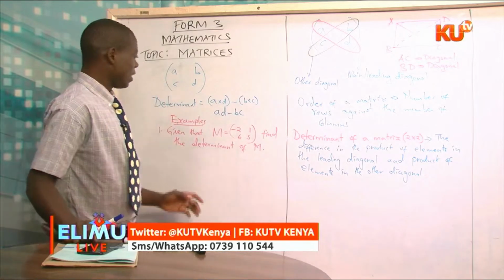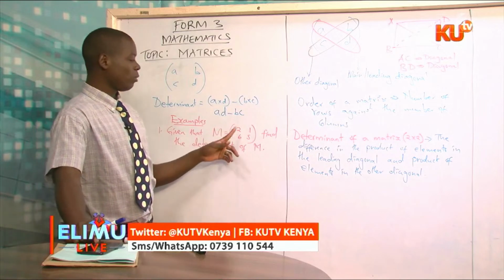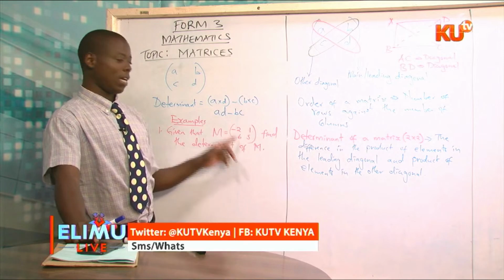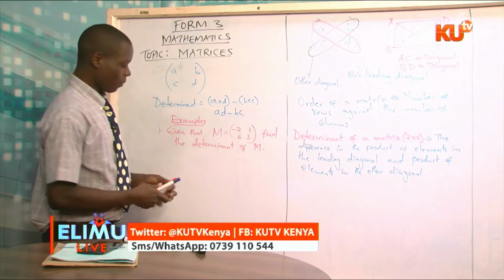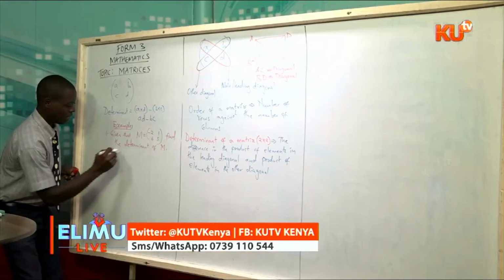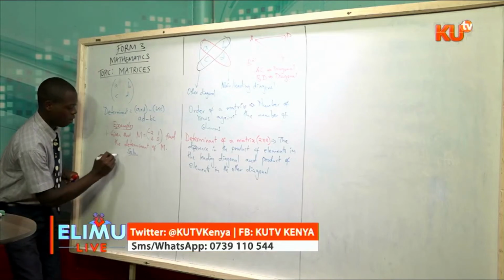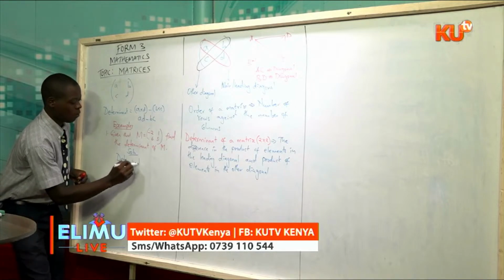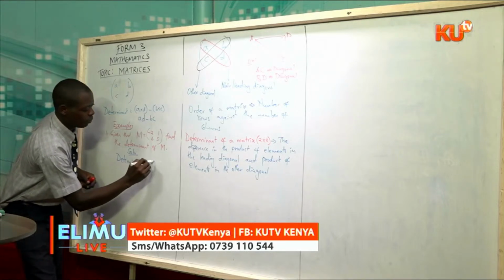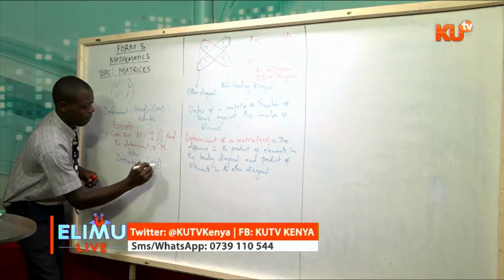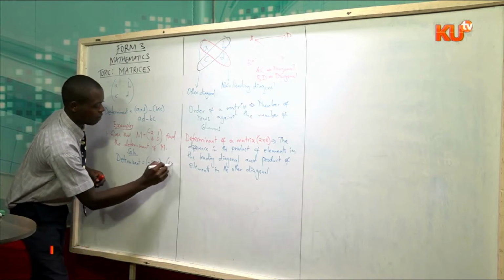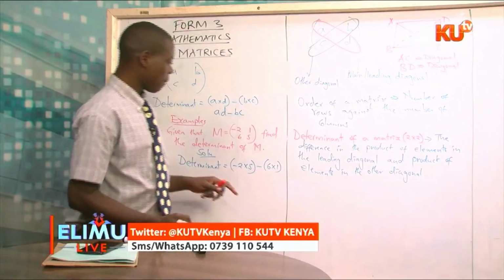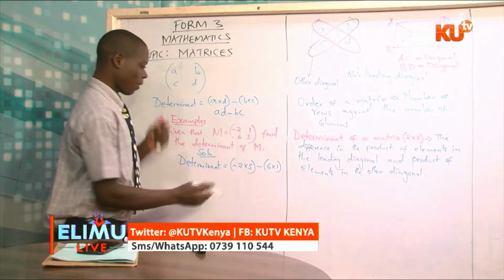The elements in the leading diagonal are negative 2 and 5. The other diagonal has 1 and 6. Therefore, our determinant will be negative 2 times 5 minus 6 times 1.